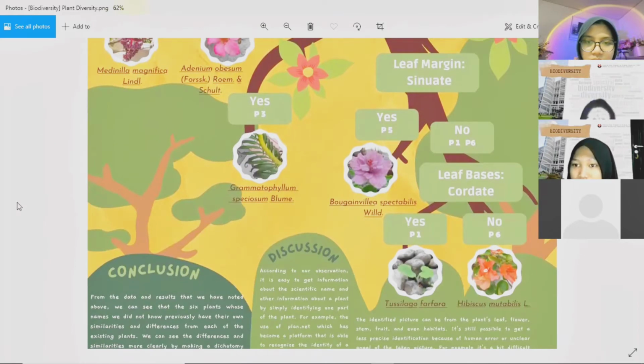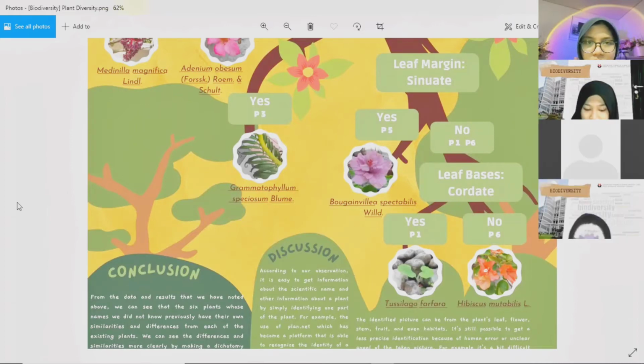It's Bougainvillea spectabilis Willd, and the plants that don't have a sinuate leaf margin are P1 and P6. So we know that P1 is Tussilago farfara, and the plant that doesn't have the leaf lobes, that is P6, is Hibiscus mutabilis.